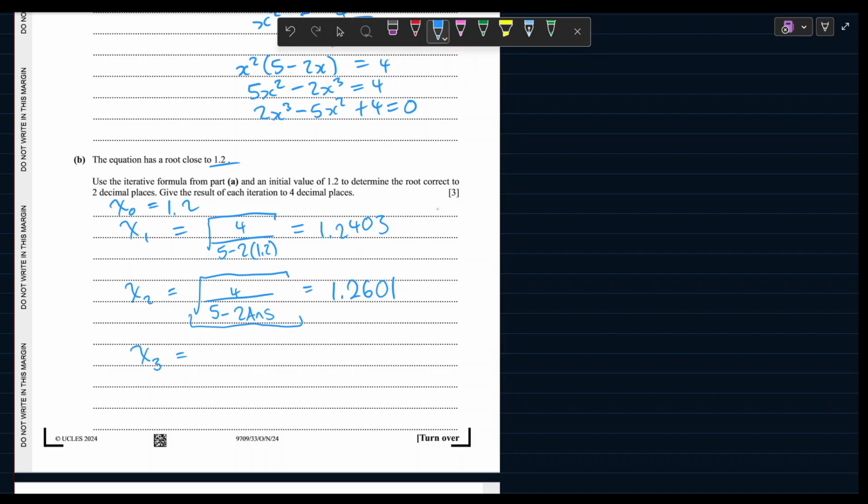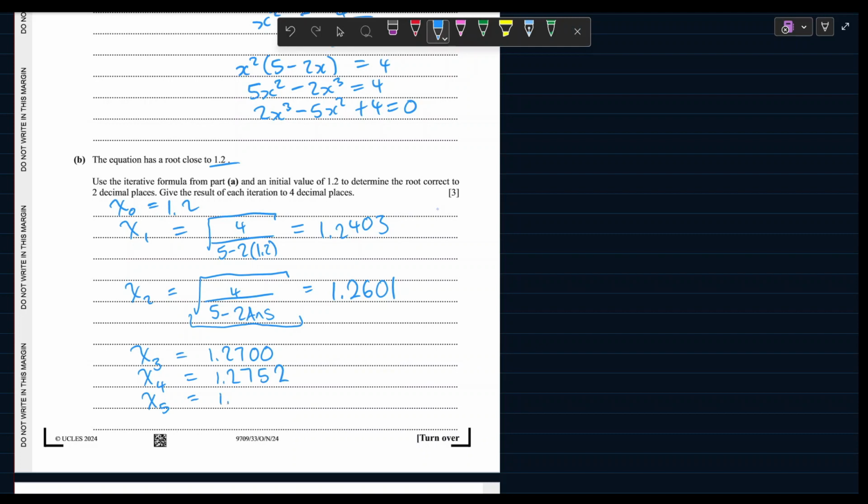And again, you're going to leave it in your calculator exactly as this expression and simply press equals to get the result of the third iteration. That would be 1.2700. Don't change anything in your calculator, press equals. That's 1.2752. We're not yet there. Press equals.